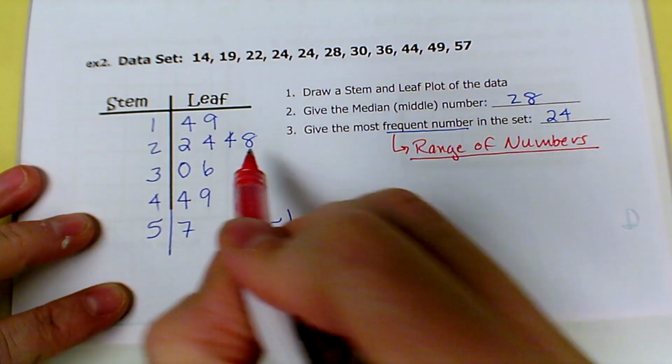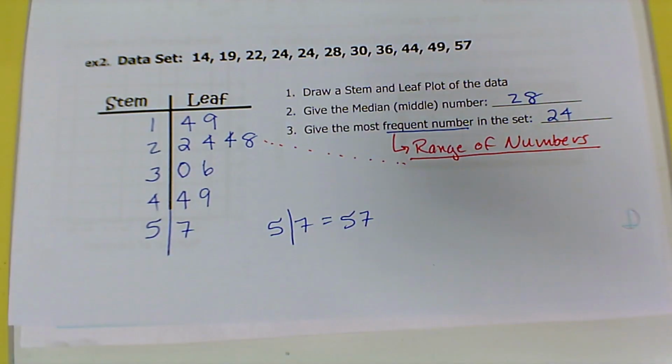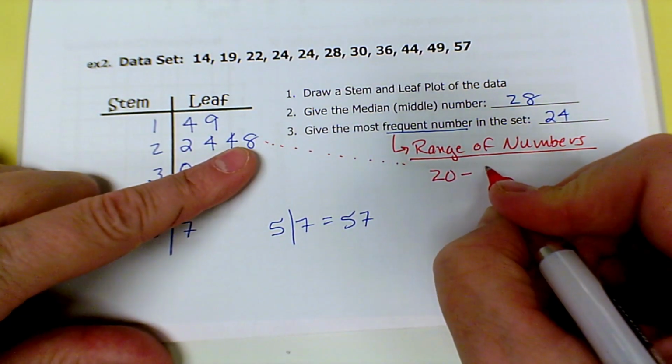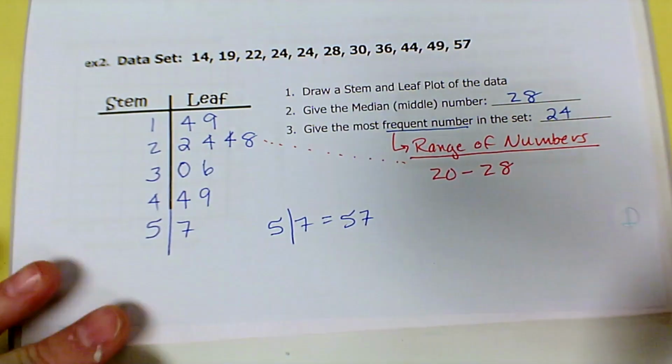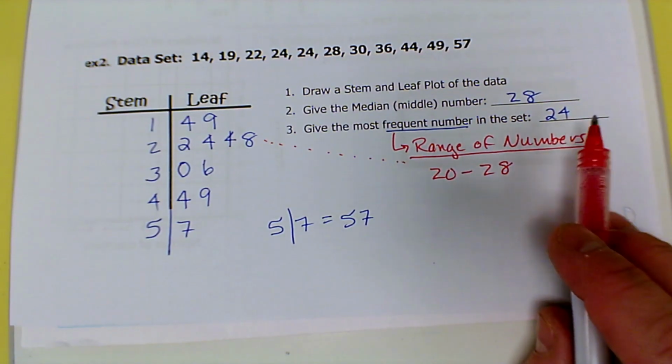So if we look at this chart, the longest row is on the 20s. So that whole row is in the 20s. So your range of numbers would be 20, in this case, to 28. That would be the range of numbers versus the most frequent number, singular.